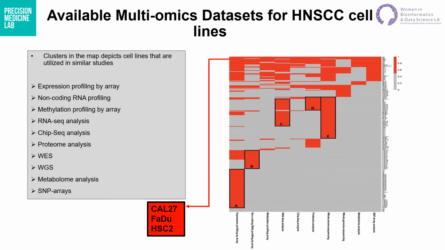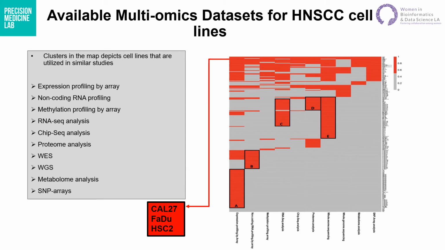So the most exciting part of our study was collecting a lot of multi-omic data sets for these head and neck squamous cell carcinoma cell lines. And we collected data for 10 omes that included expression profiling by array, non-coding RNA profiling, methylation profiling, RNA-seq, ChIP-seq, proteome, whole exome sequencing, whole genome sequencing, metabolome, and SNP array.